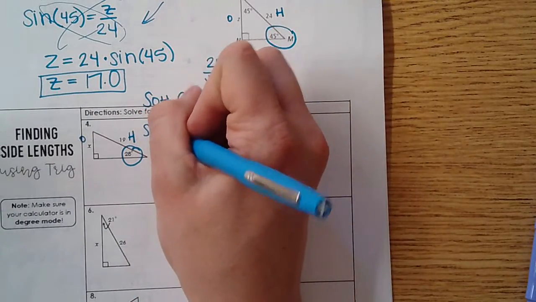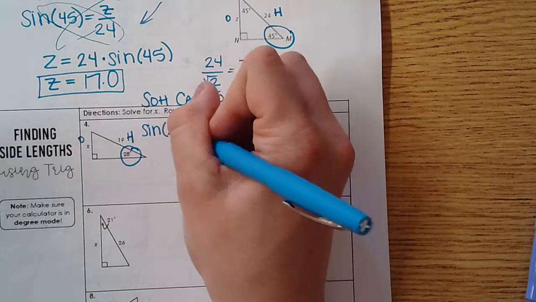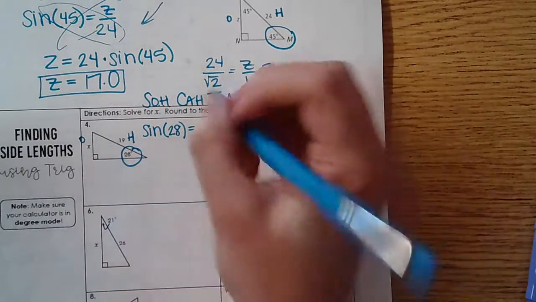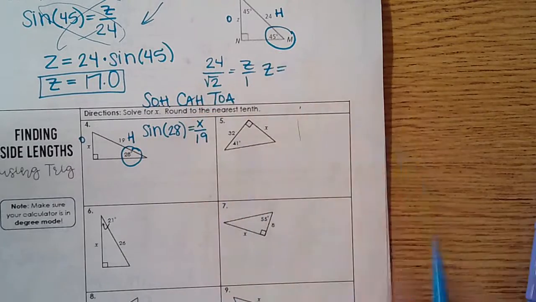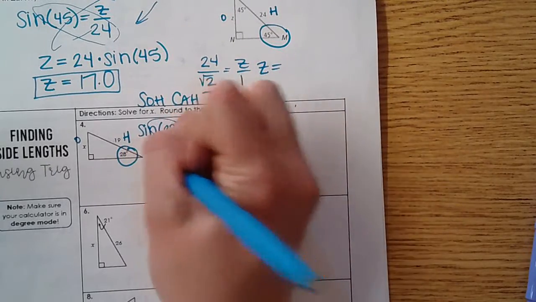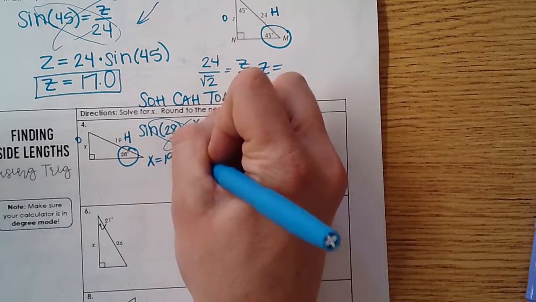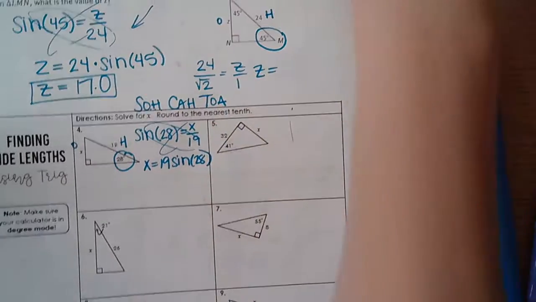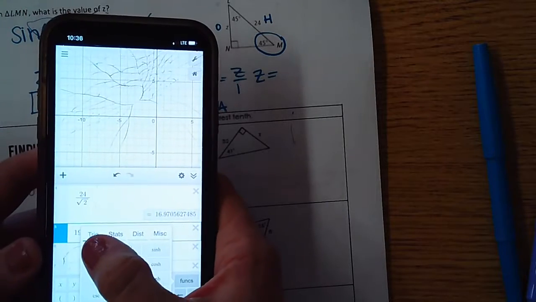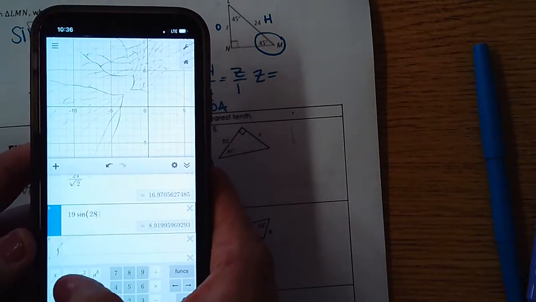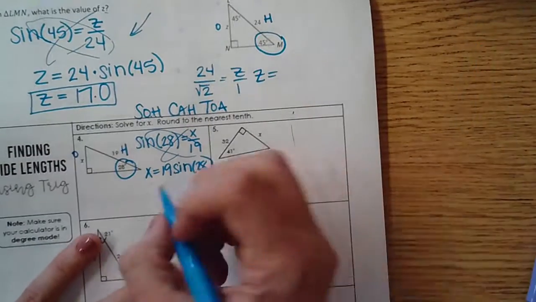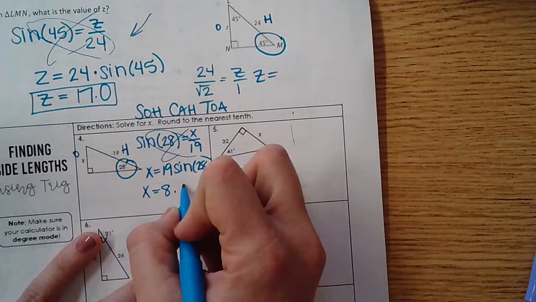So sine of 28 is equal to opposite over hypotenuse, X over 19. We cross multiply. X is equal to 19 times the sine of 28. Calculator, 19 function sine 28 degrees, 8.91. So X equals 8.9.